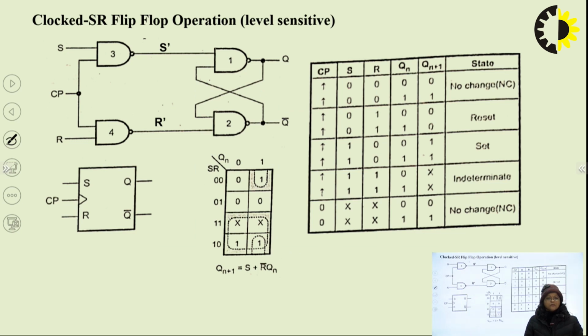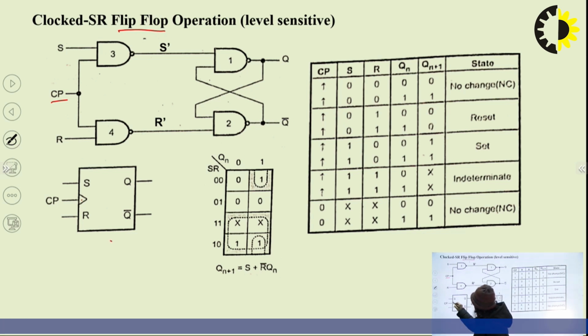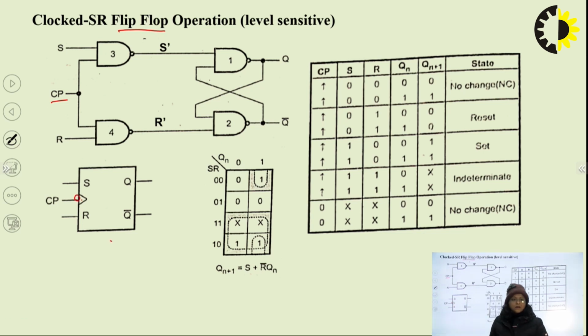So now we move towards the clocked SR flip-flop. Instead of latch, if we use the terminology flip-flop, everything remains the same, only the enable is represented by a clock pulse. If the clock pulse is positive, then we use this symbol. And if we use a negative clock pulse, then we use a notch at the clock input of the symbol.